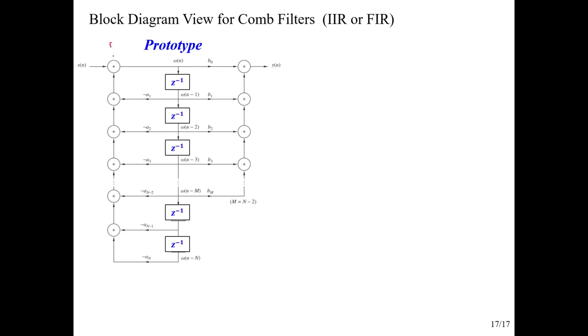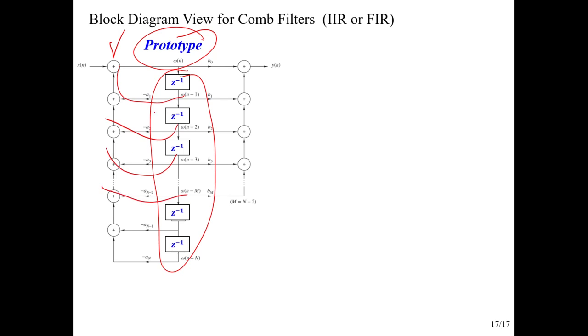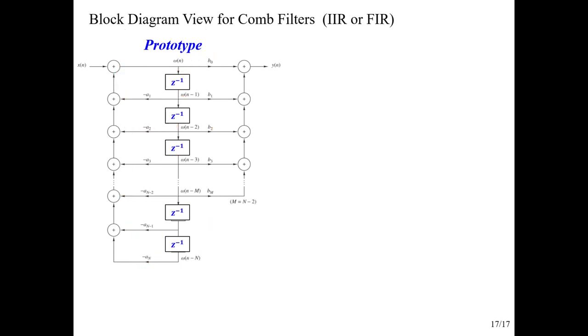So if this is the block diagram of my prototype, I've just got all these delay boxes here, and I'm doing my feedbacks here with my A coefficients, and I'm doing my feed forwards with my B coefficients, so whatever they are. And here I'm showing that we stop on the B side before we stop on the A side.